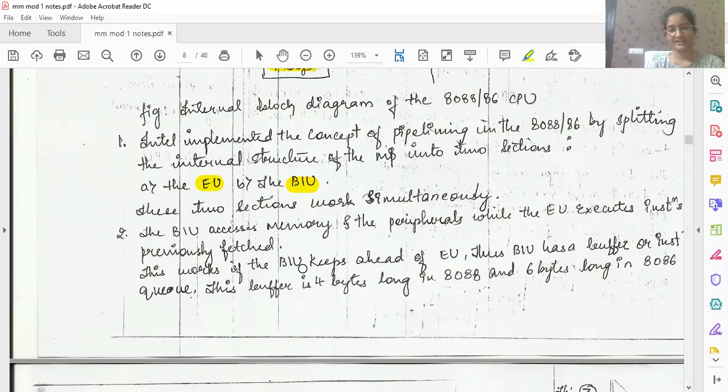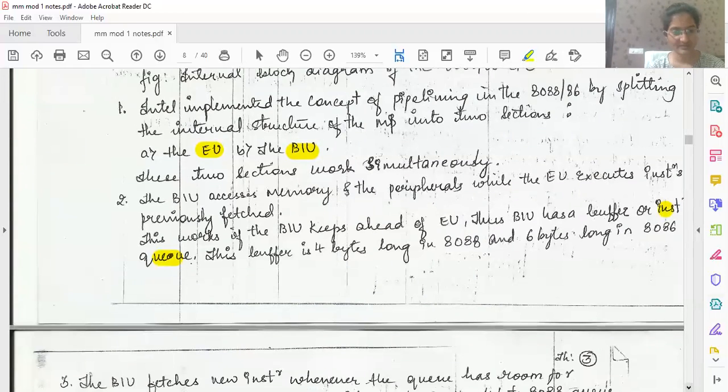Okay, and whenever there is room for 2 bytes, then immediately it should fill up that space with the next instruction. All right, so that is the buffer, or instruction queue, right? Here it is, the instruction queue.